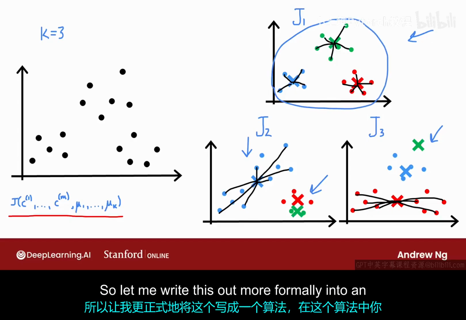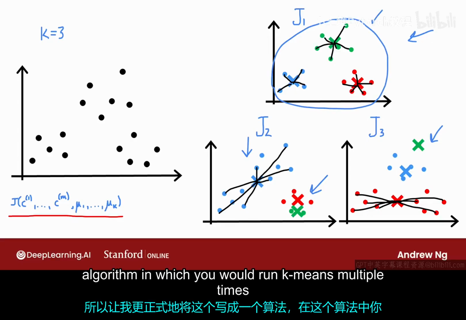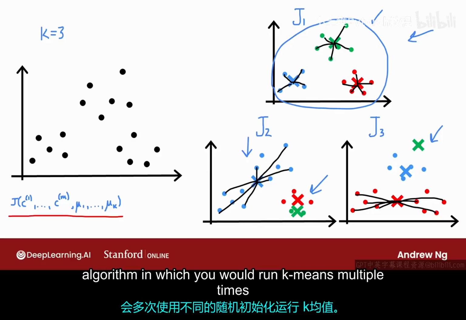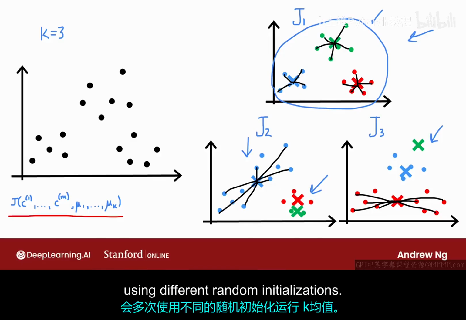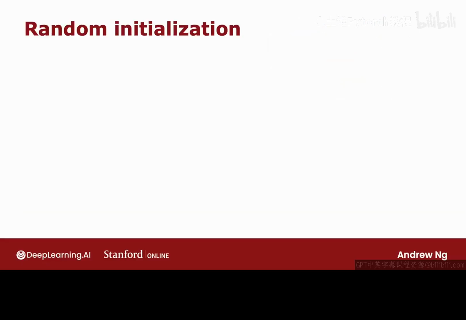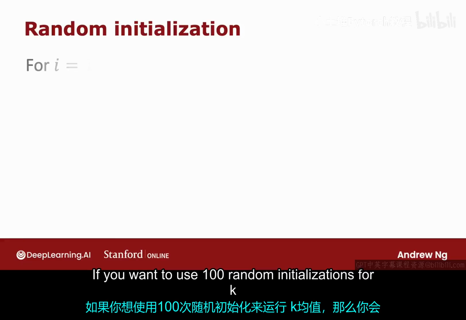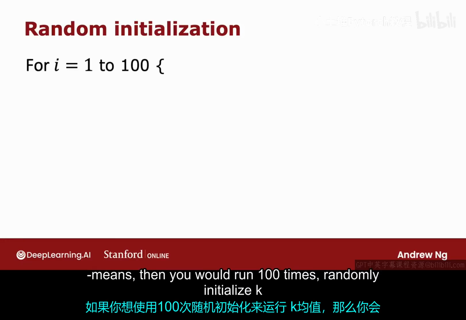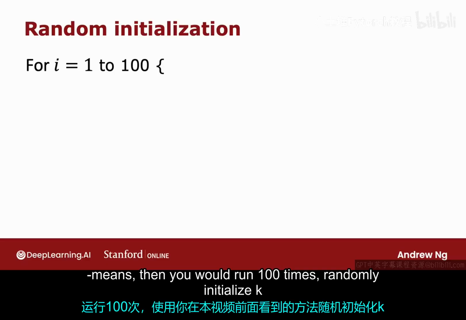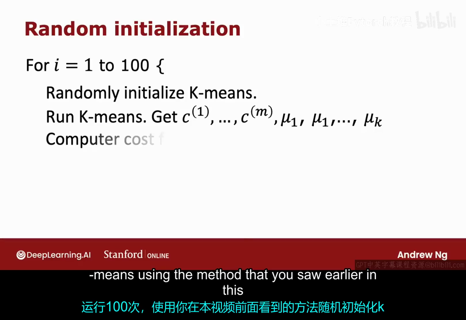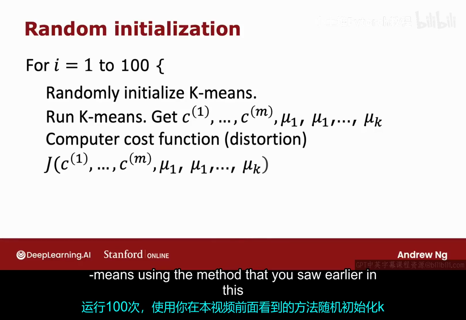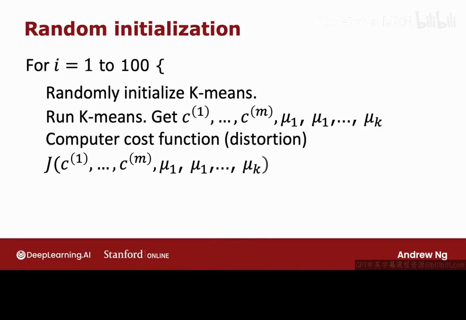So let me write this out more formally into an algorithm in which you would run k-means multiple times using different random initializations. Here's the algorithm. If you want to use 100 random initializations for k-means, then you would run 100 times, randomly initialize k-means using the method that you saw earlier in this video.